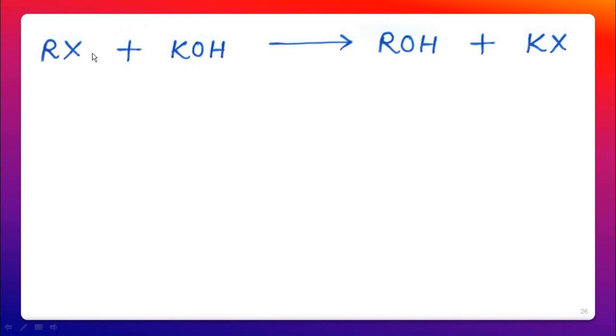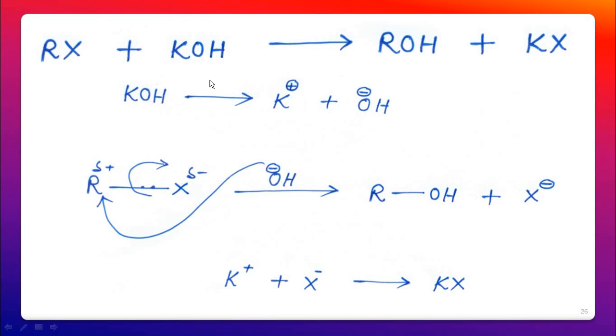The last option: RX reacts with potassium hydroxide to give ROH and KX. Here, potassium hydroxide first dissociates into K plus and OH minus. And OH minus, being electron rich, acts as a nucleophile. It attacks the alkyl carbon, which is delta positive because of the presence of the halogen, which is electron withdrawing and more electronegative.